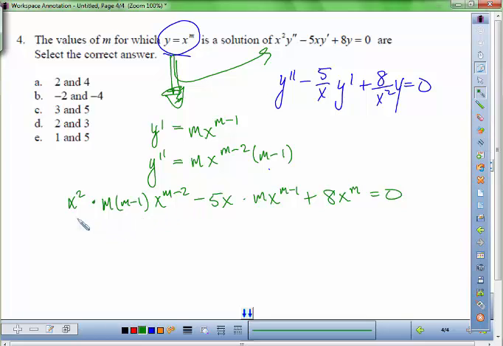So now let's see. I can combine some x's here. What happens when you multiply two things with the same base? Add the powers, and so what's the power going to be? And then same business over here. What's the power going to be? x to the m.